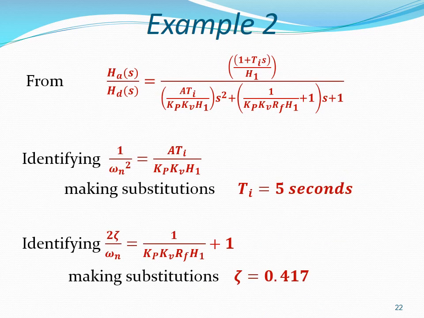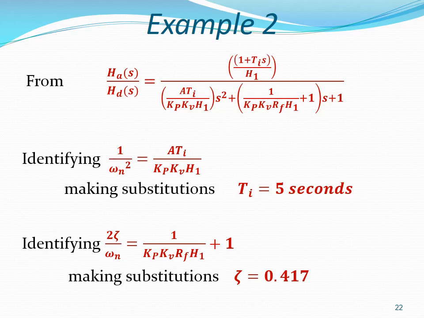The TF that we obtain is a TF of a second order system. We identify that 1 over omega n squared equals A Ti over Kp Kv H1. If we make substitutions for known quantities, we obtain Ti is equal to 5 seconds.